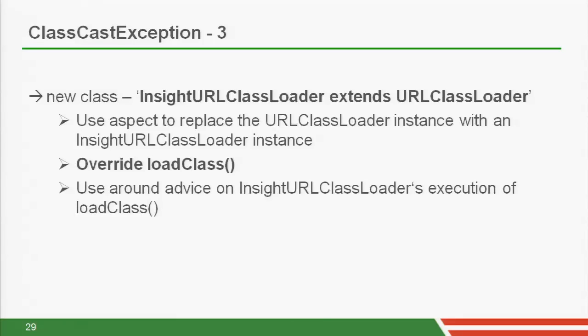But we use a different aspect to catch the point in time when this URL class loader, the specific instance of it, not any URL class loader in the system, is created. And we use an around advice to replace that instance with our own instance, with our class that has this override in it. And once we have done that, we can use the exact same solution from before and write an around advice with a pointcut that catches the execution of this method, and the same solution applies.